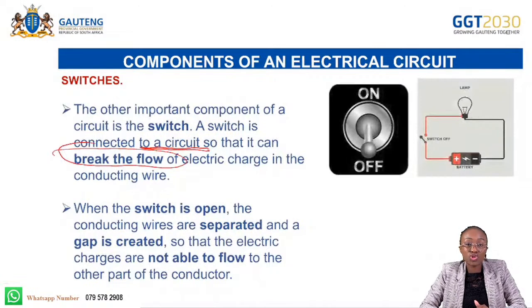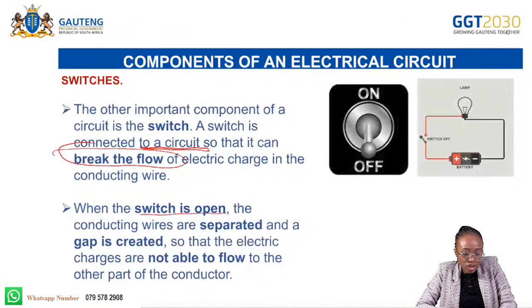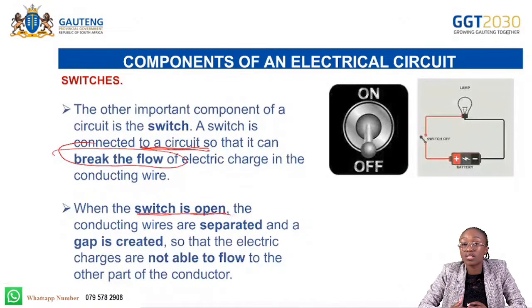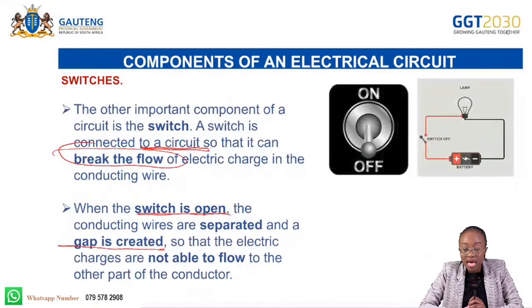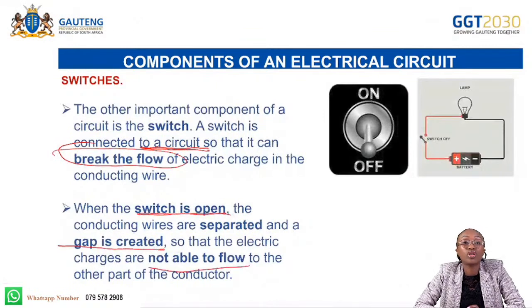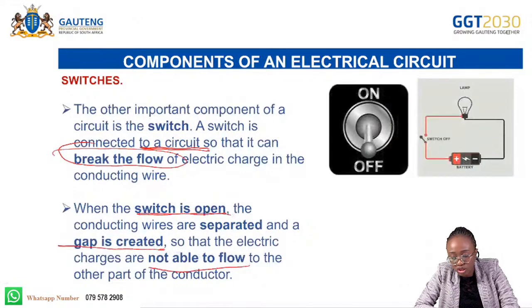So when a switch is said to be open, the conducting wires are separated, meaning that there is a gap that has been created between the conducting wires, and that gap does not allow charges to flow. If we look at these two diagrams that I've just pulled up, the two illustrations. So when the switch is said to be off, it is open. You see there is a gap.